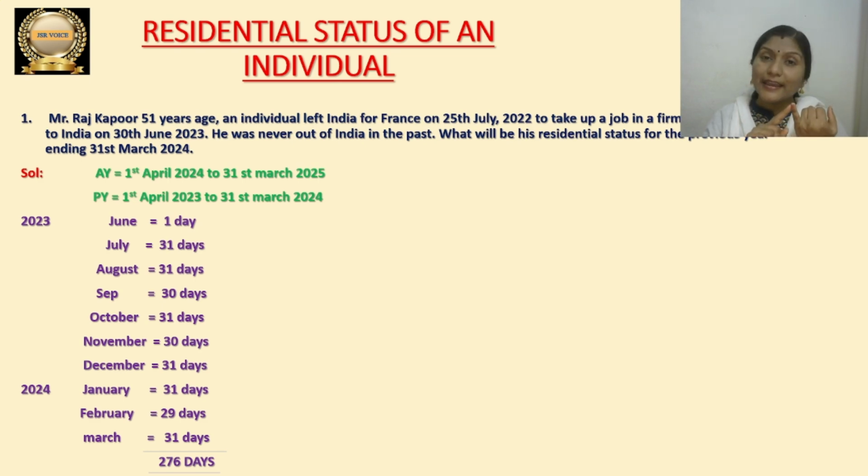In the case of general and special category assessees, basic conditions differ, with a little change. That is why it is very important to know whether he is a general or special category assessee. For both, additional conditions are the same.